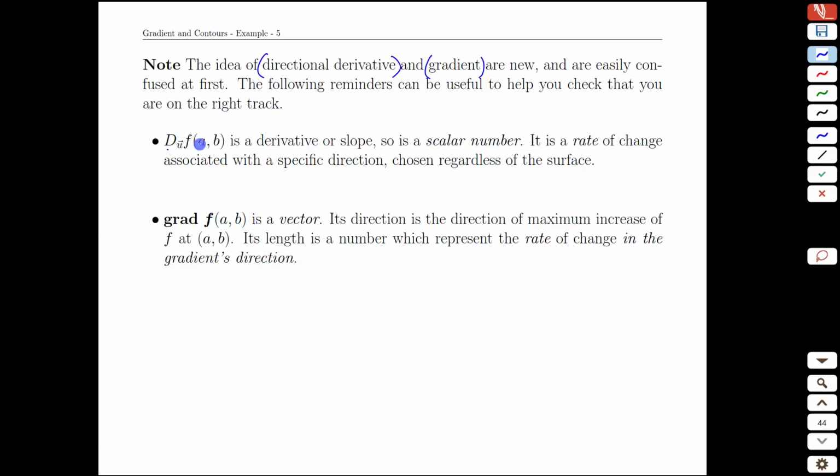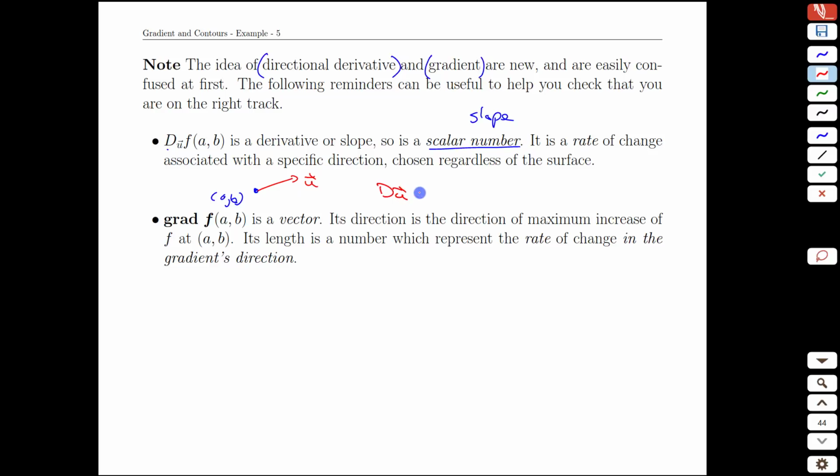This D_u f(a, b) is a very specific quantity, and the key thing is it is a scalar number. It is a slope. You tell me I'm at this point (a, b), and I'm going to move in some direction, u, and I have the surface over top.